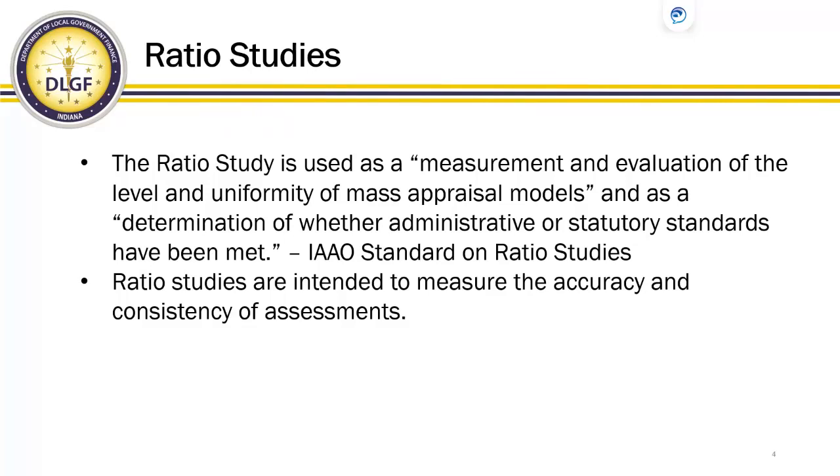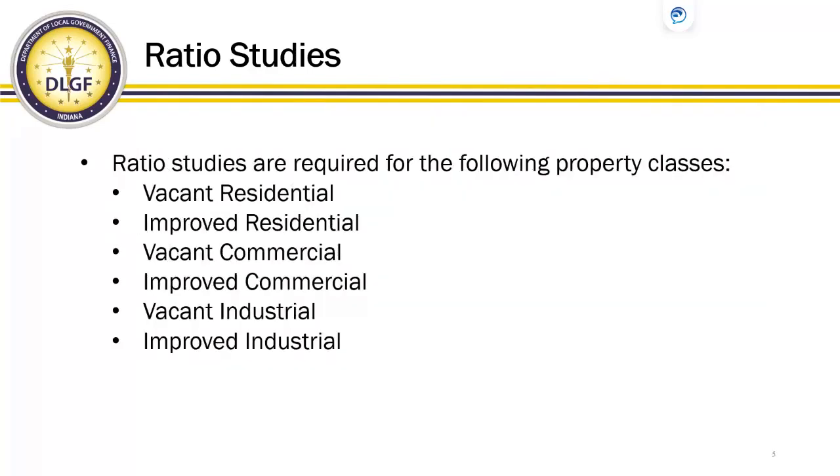And secondly, we want to make sure the administrative and statutory standards have been met, because if we can do those two things, we can be confident in the accuracy and the consistency of assessments. So quickly, I'll turn it back over to Barry, and he'll tell you a little bit about the property classes and a few other things.